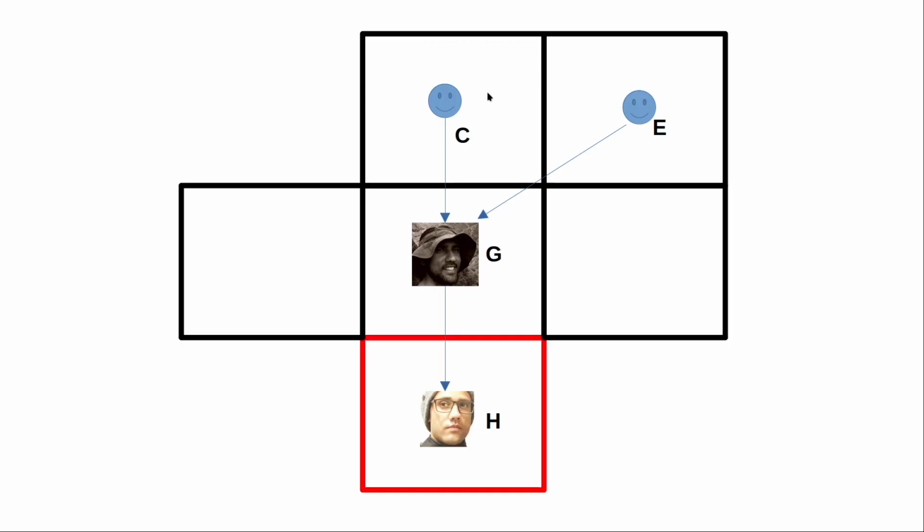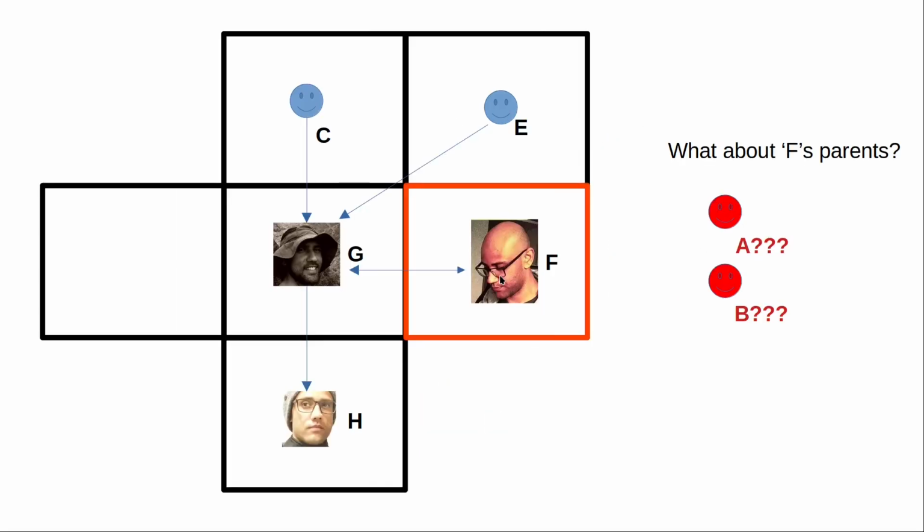G has a child, H, and since there are no other children below it, H is placed directly below G. Likewise, currently there are no partners occupying that space, so F is directly placed to the right of G. Now, what about F's parents?